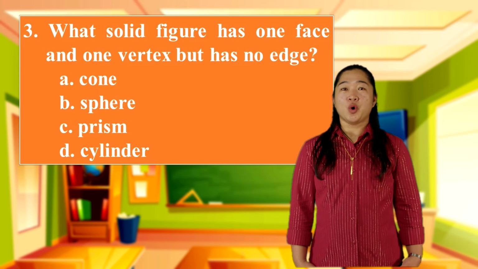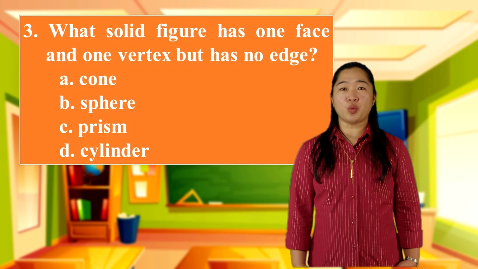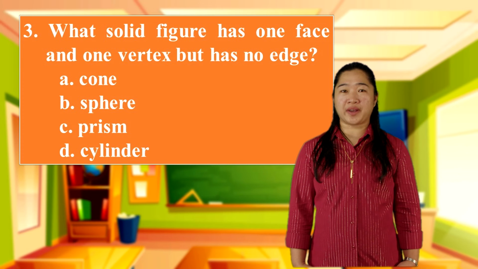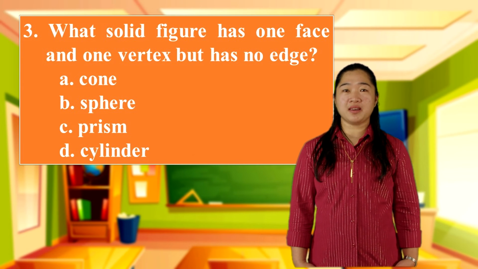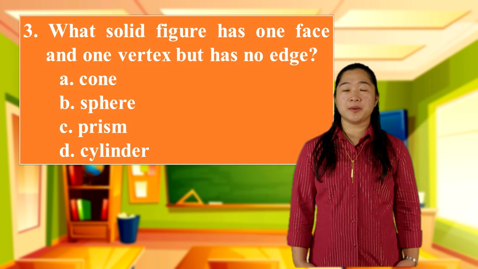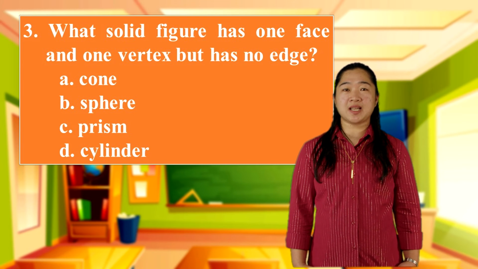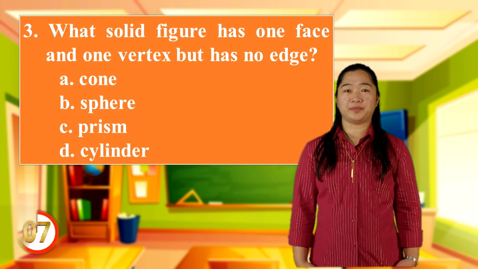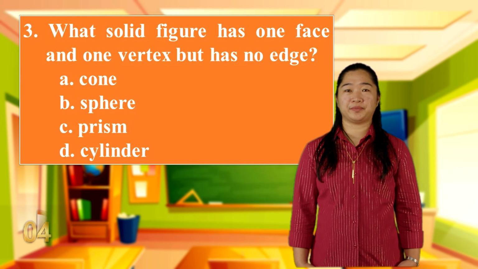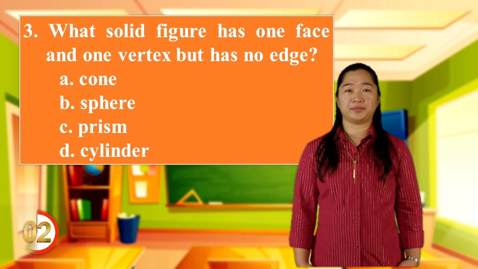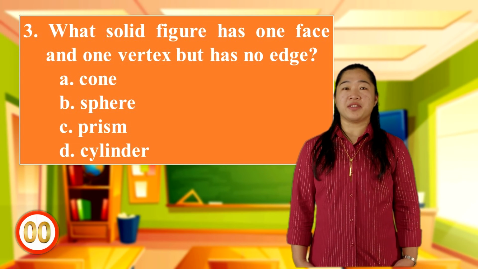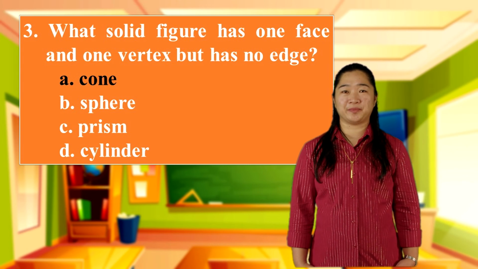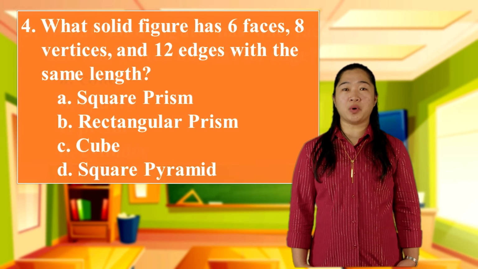Number 3. What solid figure has one face and one vertex but no edge? Letter A, cone. Letter B, sphere. Letter C, prism. Letter D, cylinder. That's right. The answer is letter A. Number 4.